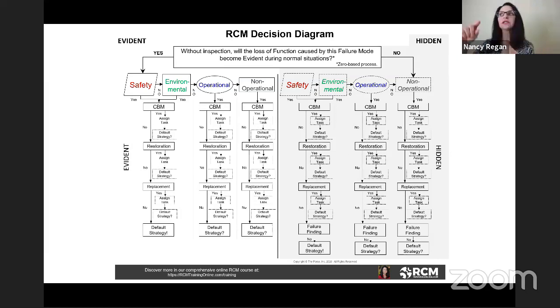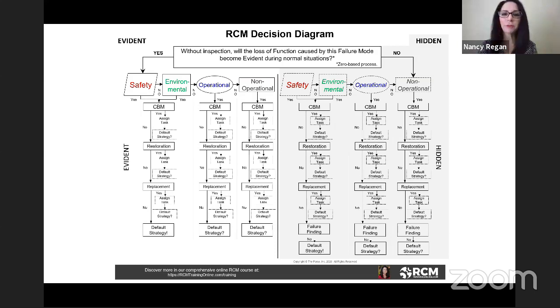Whether it's in business or our personal lives, when we don't know the dangers that are out there, there's no way for us to prepare for them. But when we identify what we don't know, then we can go get those answers and we can start to manage those failure modes. So this is the RCM decision diagram.